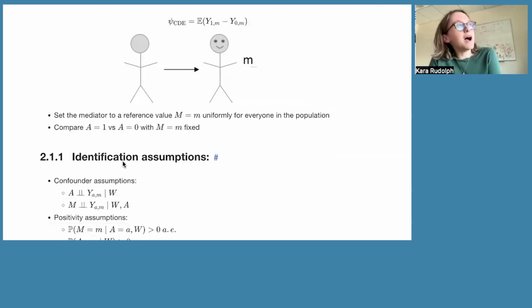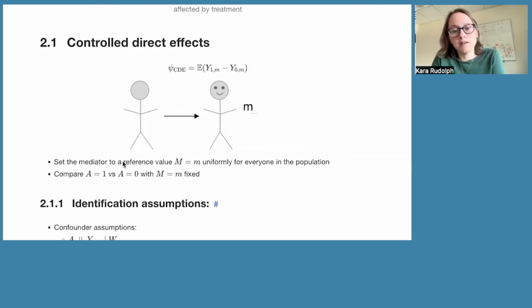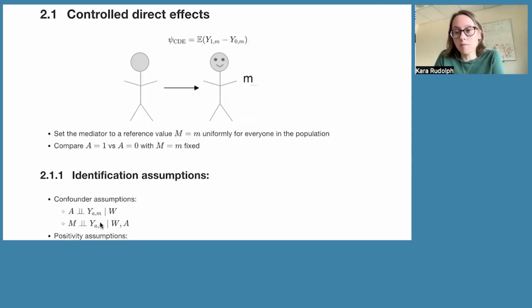Now, for a lot of mediation, I actually think that this assumption is probably the hardest for controlled direct effects because typically the mediator value isn't randomized. So we're in an observational study and we really need to make sure that we're measuring all possible confounders of this mediator-outcome relationship.